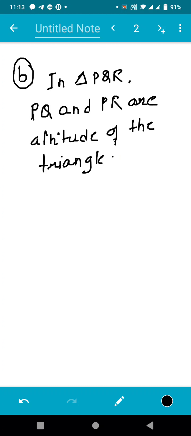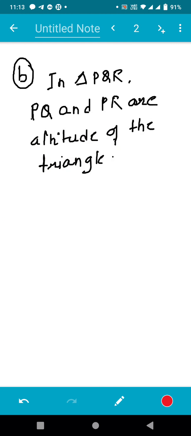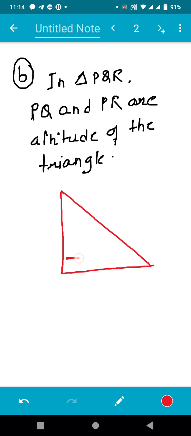Now how to draw this? So we'll draw a right angle triangle for this, students. Okay, so let me show you one right angle triangle. Here, it is a right angle triangle. See, this is a right angle triangle.